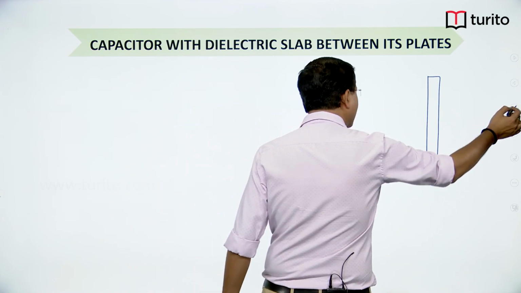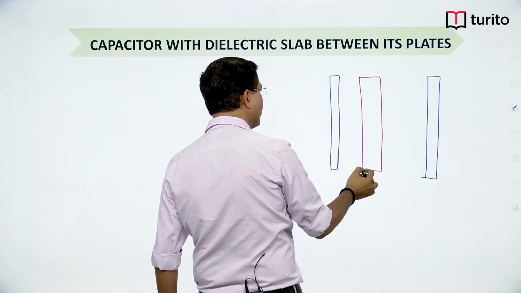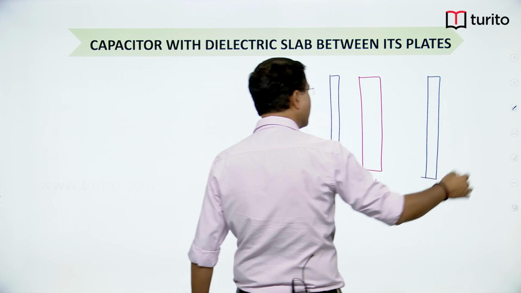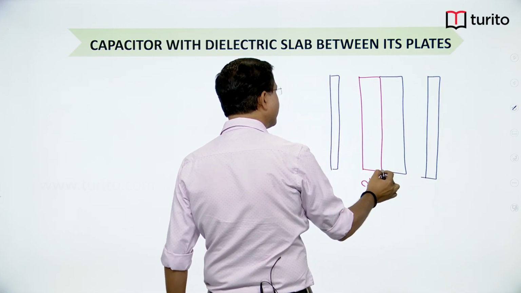So, I am taking one dielectric slab of d by 4 and one conducting slab.